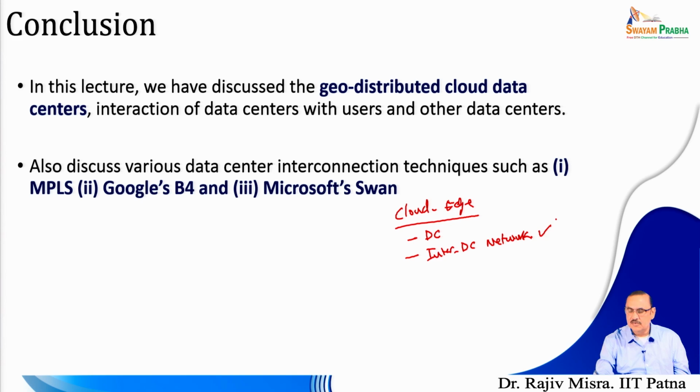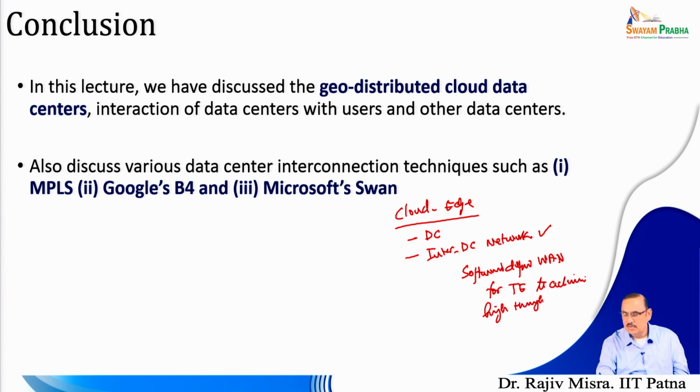We have discussed one such example of how the inter data center network, that is the software defined wide area network, is used for traffic engineering to achieve high throughput, that is beyond 30%, which is achieved through MPLS.